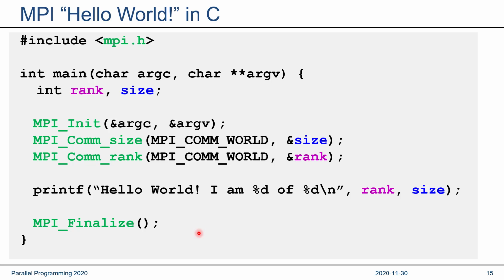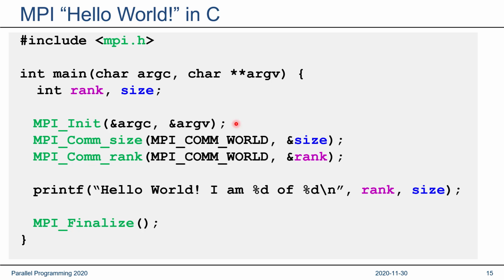With that, we can already write our first parallel program in C, printing hello world to the console. It's a complete program, so you can try it out right away if you want. We have to include the header file. This is C, so it's mpi.h. We need variables for rank and size.